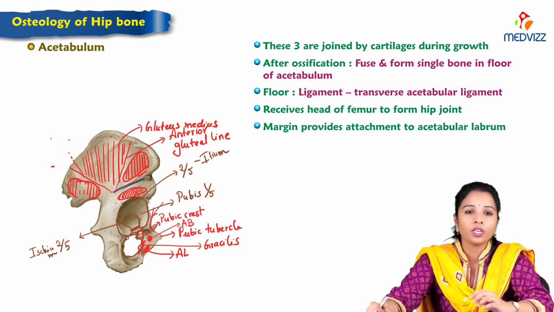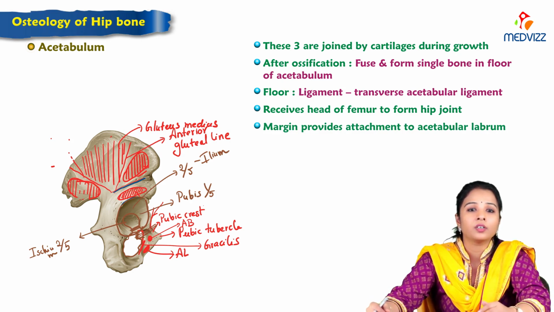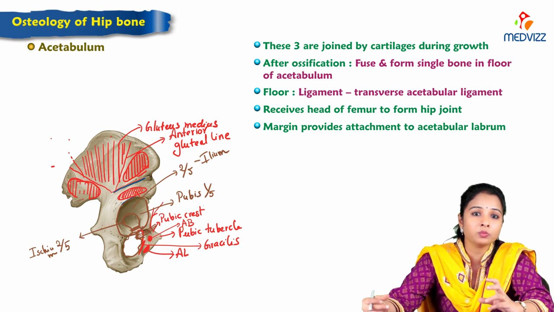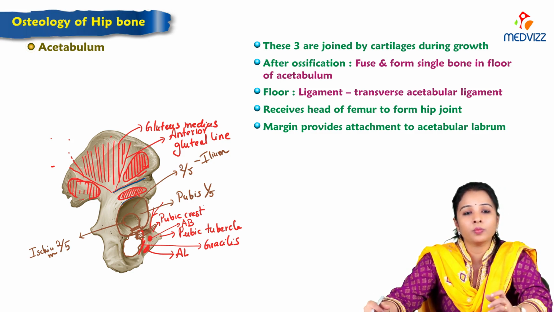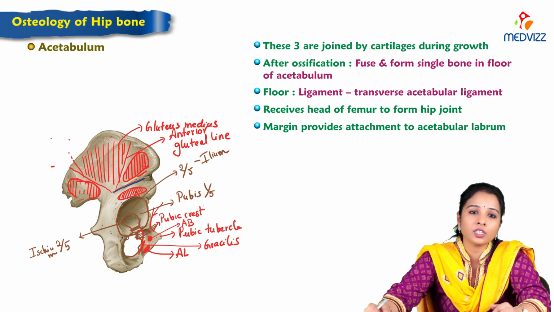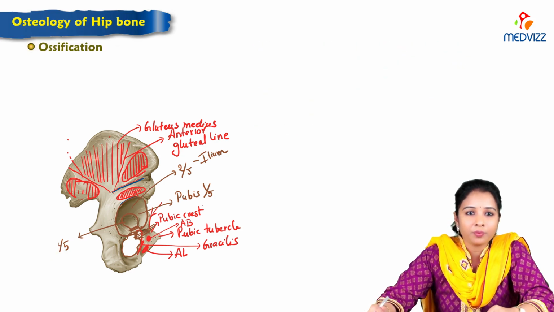And the margins of the acetabulum provide attachment to the acetabular labrum, which is a fibrocartilaginous rim which improves the congruency of the hip joint, means the depth of the acetabulum is increased because of this acetabular labrum.